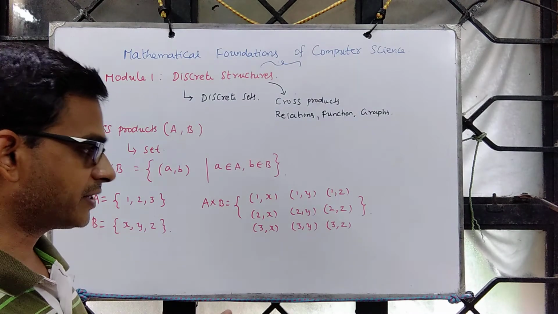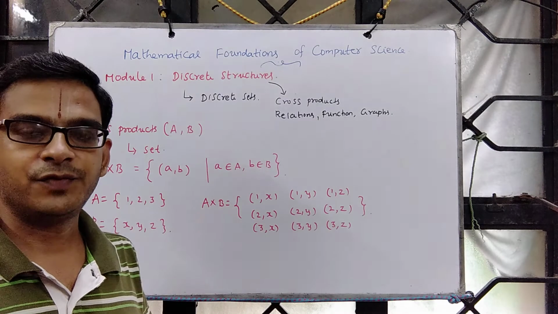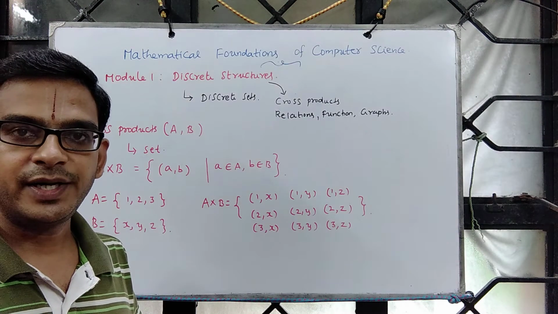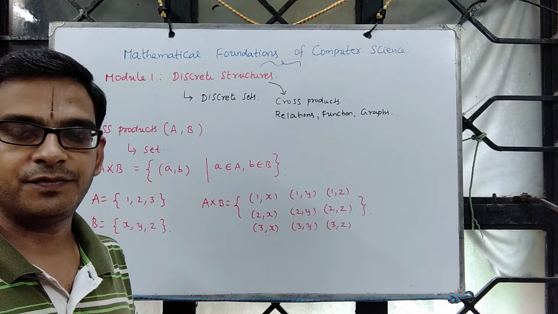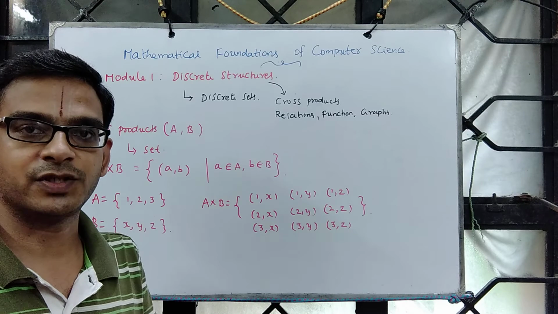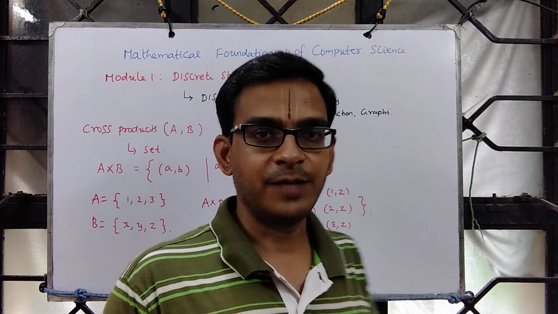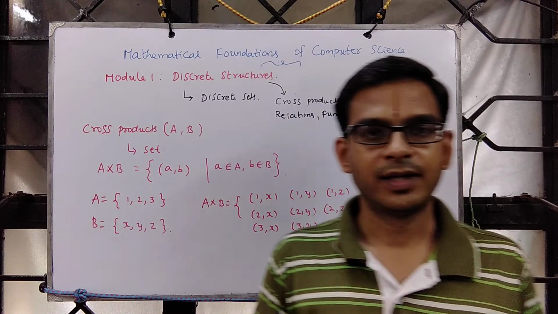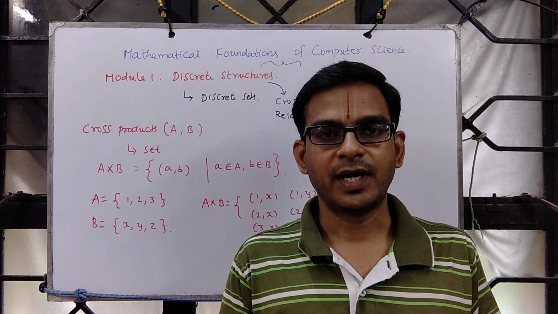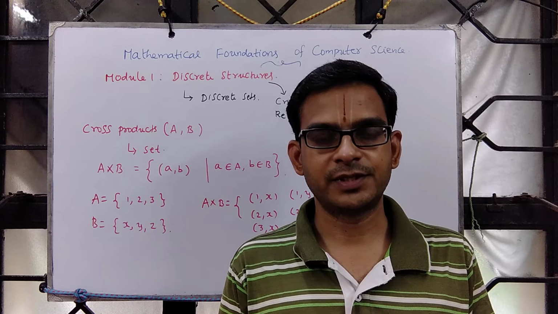We abstract out and we just focus on the set. We focus on the first element, second element and so on. That first element may be a leaf, a computer, or a student; that depends on the application.